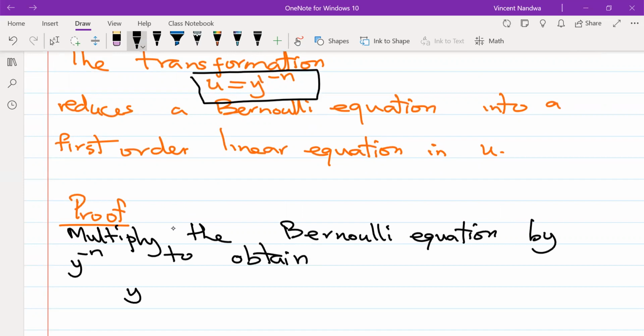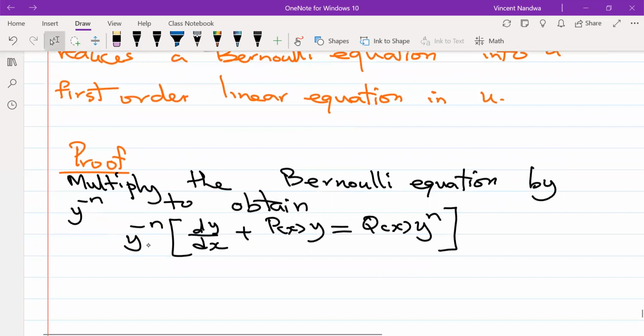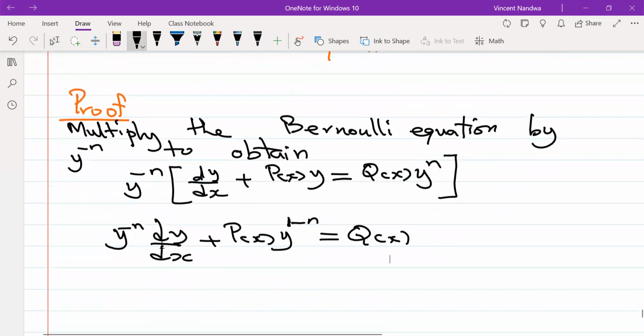Remember, we are saying y to the power minus n dy/dx plus p of x y equals q of x y to the power n. So we'll have y to the power minus n dy/dx plus p of x y to the power 1 minus n equals q of x, because minus n plus n is 0, y to the power 0 is 1.